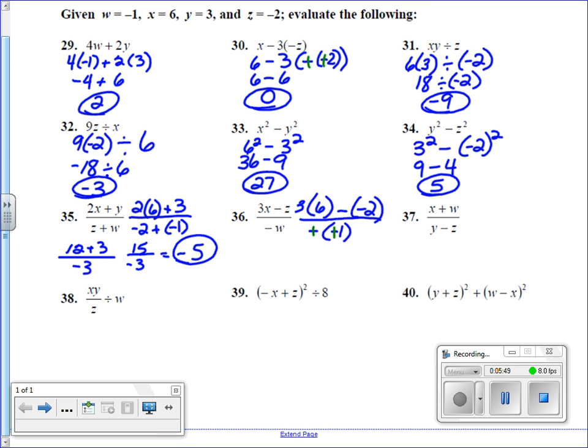So 3 times 6, I have 18, minus negative 2 all over 1. So now I have minus negative. Hey, see how I had that negative, negative 1 and it became positive? So minus negative 2 is kind of like saying plus positive 2. And I end up with 20 over 1, which is just plain old 20.